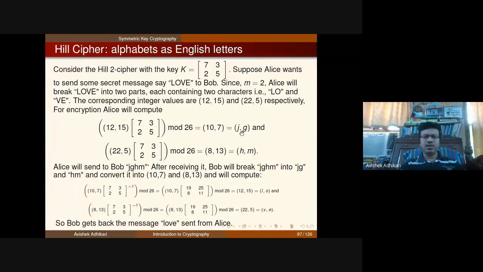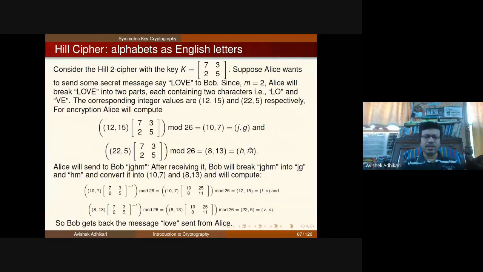So this is your cipher text for LO. Similarly, for VE, you multiply by the same matrix and whatever you get is the cipher text. So JG is the cipher text corresponding to LO, and HM is the cipher text corresponding to VE. So this is basically the cipher text.